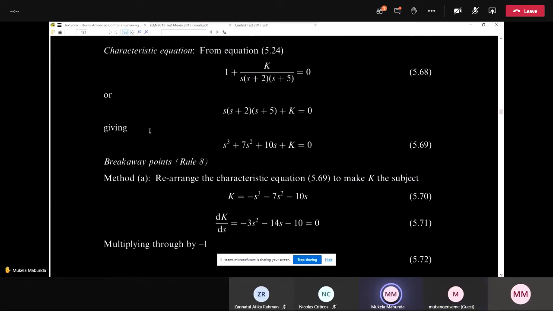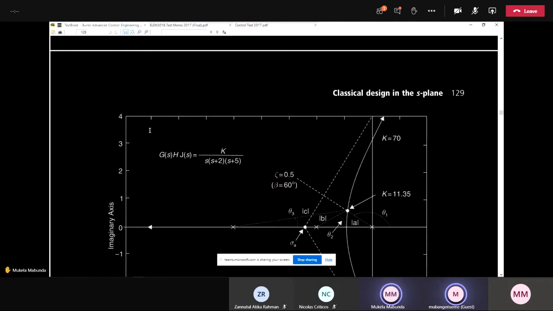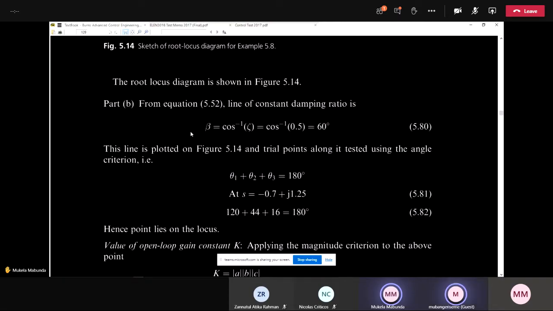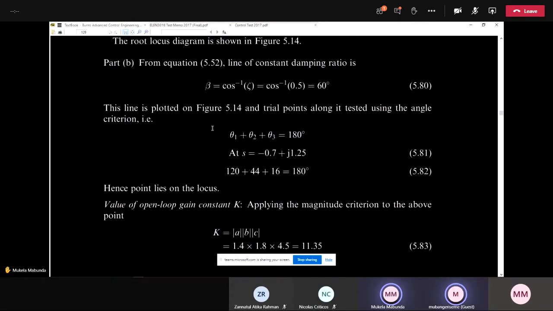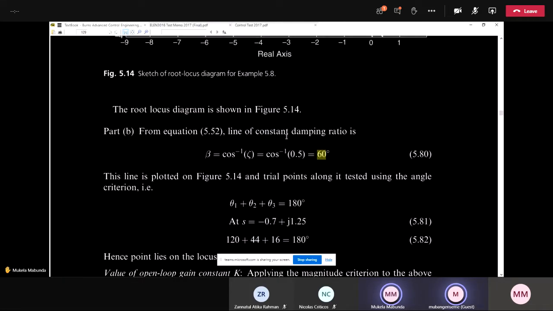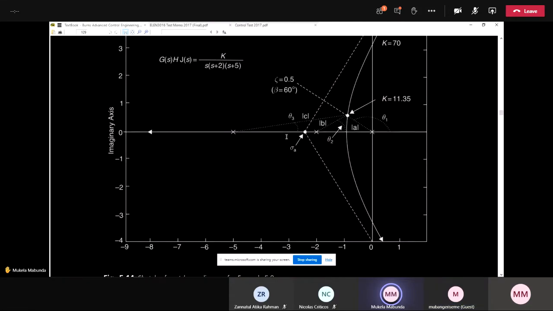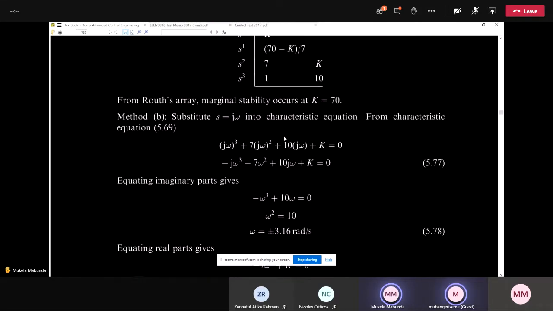when I look here on the example, I don't know exactly how they chose the point. They determined the value of the angle using that damping factor, I do understand. And they had the values of theta 1, theta 2, theta 3, from when they were determining the root locus.